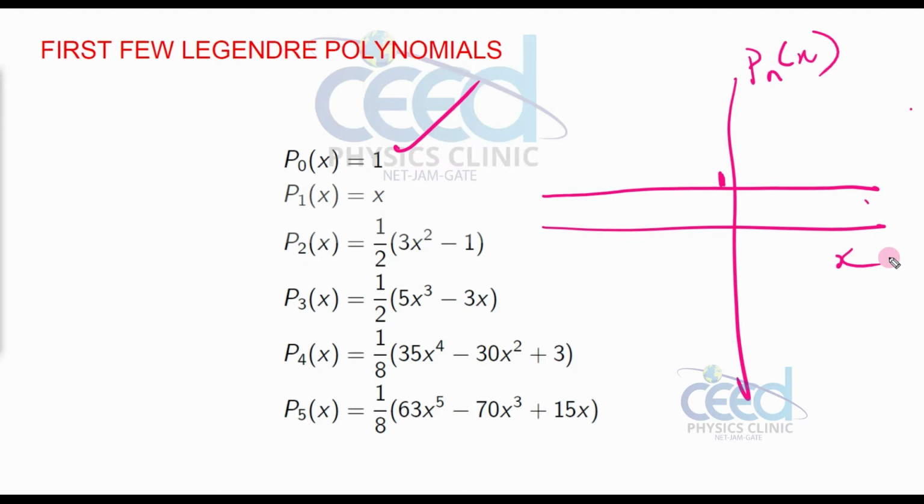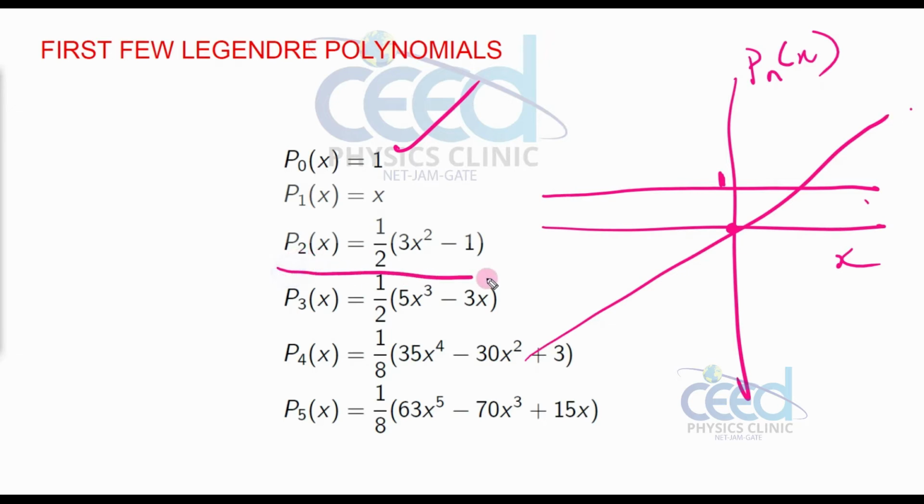Now what is P1 of x? P1 of x is equal to x, which means it is a straight line, right? Then P1 of 0 is 0, which means it is a straight line passing through the origin, the equation y is equal to x.